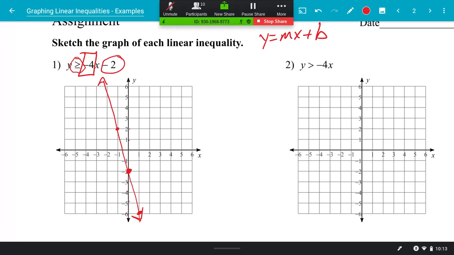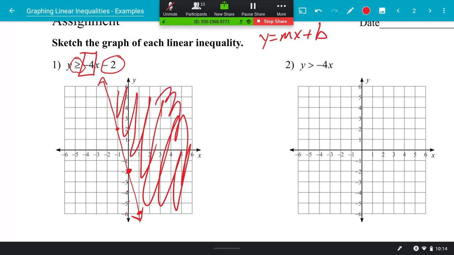Okay, and from your pencil, I want you to think about greater than. Where would that be? Above, right? So that's where we shade, above. If I had said less than, we would shade below. Pretty simple. All I did was read the sign.